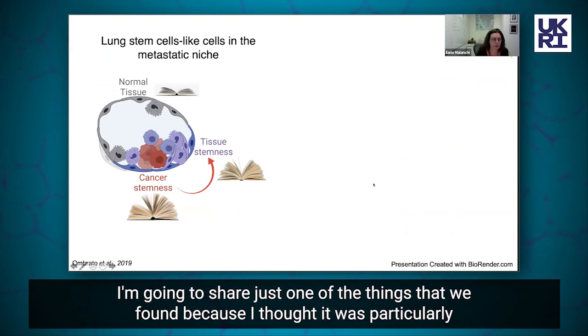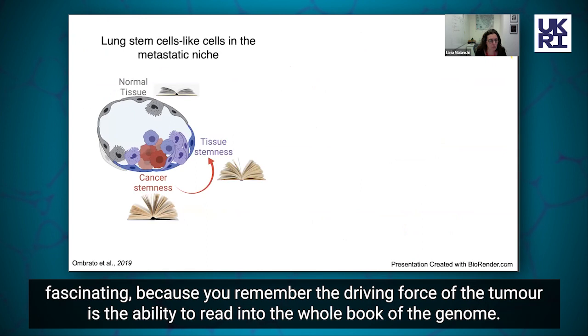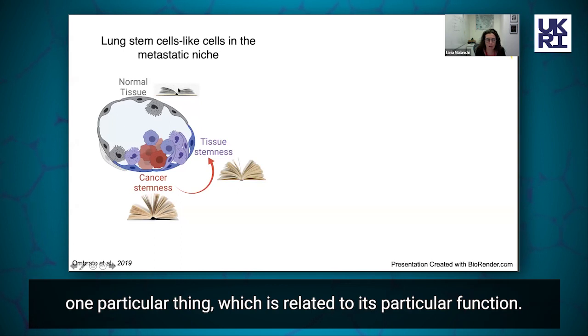And when we did this, I'm not going to go into much detail. I'm going to share just one of the things that we found, because I thought it was particularly fascinating. You remember the driving force of the tumor is the ability to read the whole book of the genome. And normally a tissue cell will have a restriction in the information and will only be able to do one particular thing, which is related to its particular function.